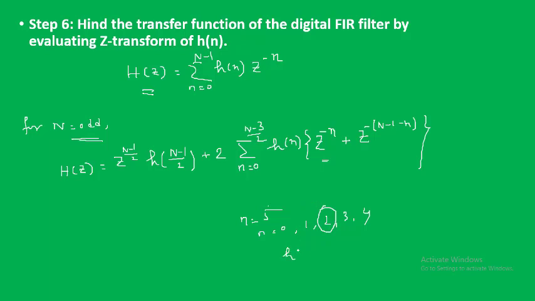So we can write that h of 0 is equal to h of 4 and h of 1 is equal to h of 3. So this is how they are related. So once we find the filter coefficients, we can find the transfer function. So finding the transfer function is the objective for FIR filter design.